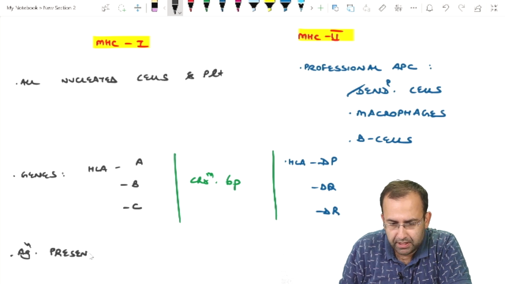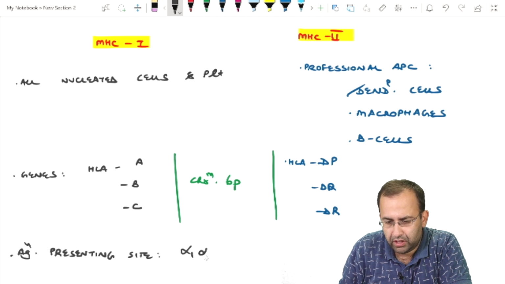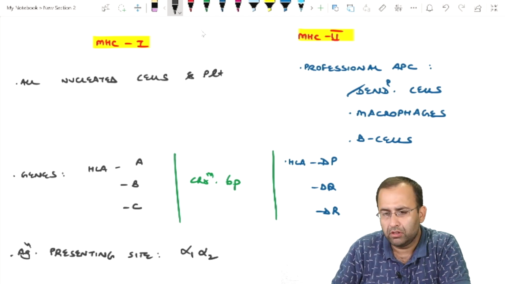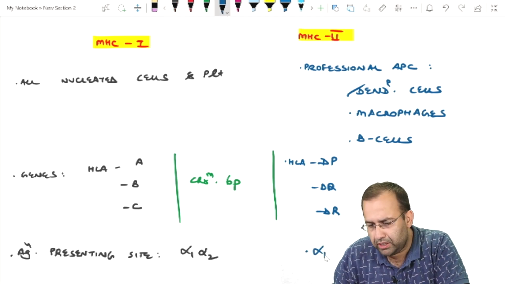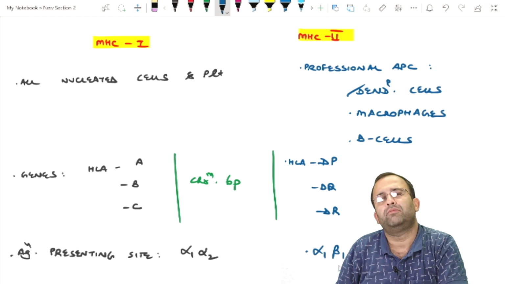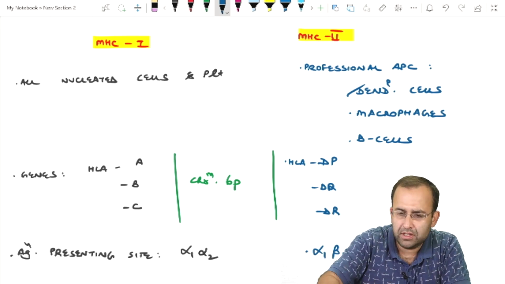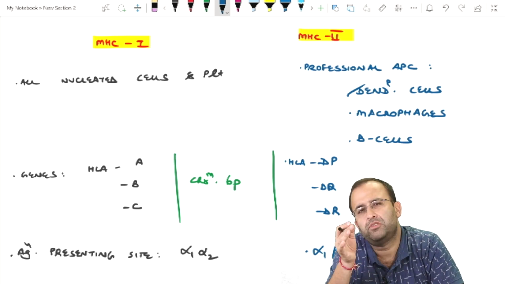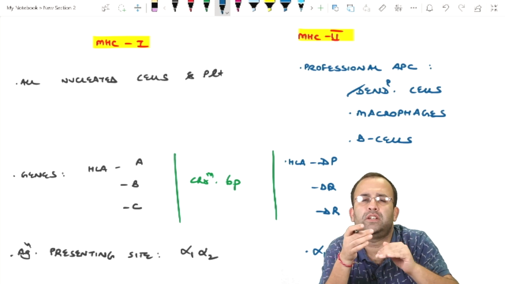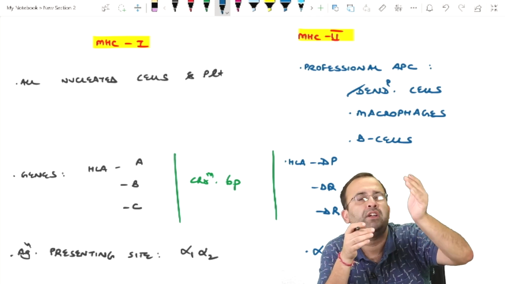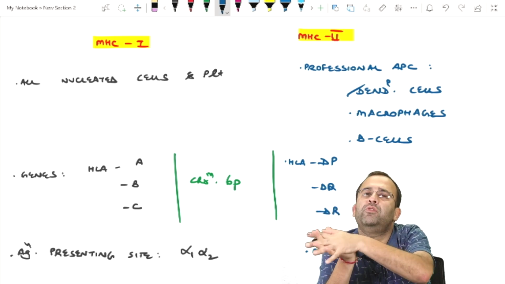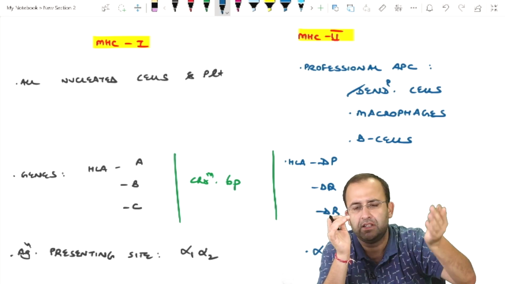Antigen presenting site. MHC1, it is rank 1 alpha alpha, so antigen presenting site is alpha 1 alpha 2. MHC2, it is rank 2, antigen presenting site is alpha 1 beta 1. Okay. This was a simple straightforward table of MHC1 versus 2. I need not even tell you that cytotoxic T cells, CD8 positive T cells are MHC1 restricted. Helper, CD4 positive are MHC2 restricted. 8 ones are 8, 4 twos are 8.